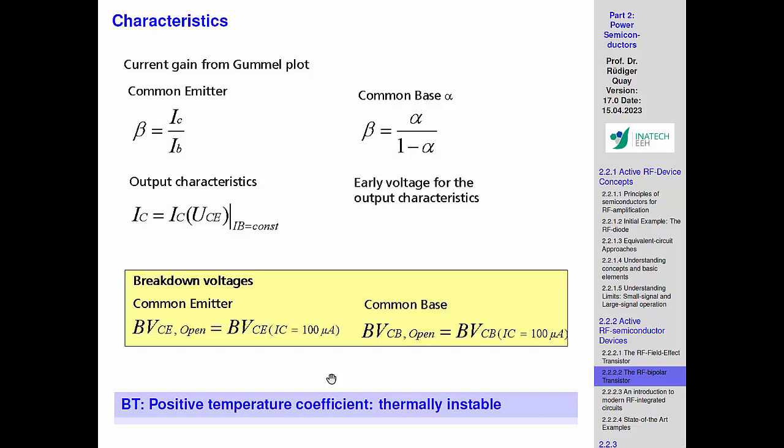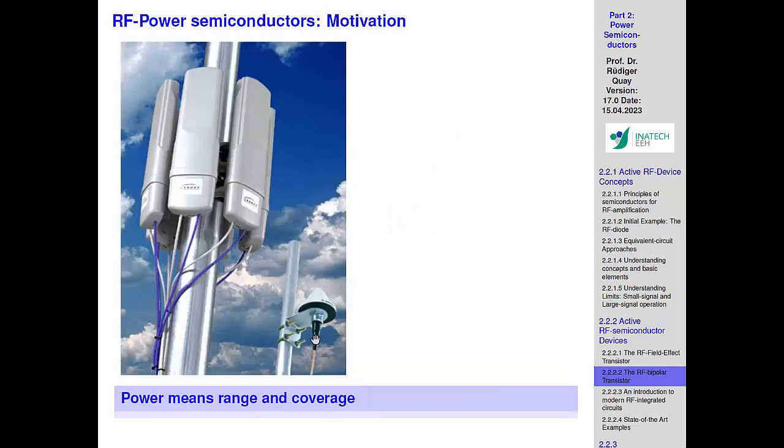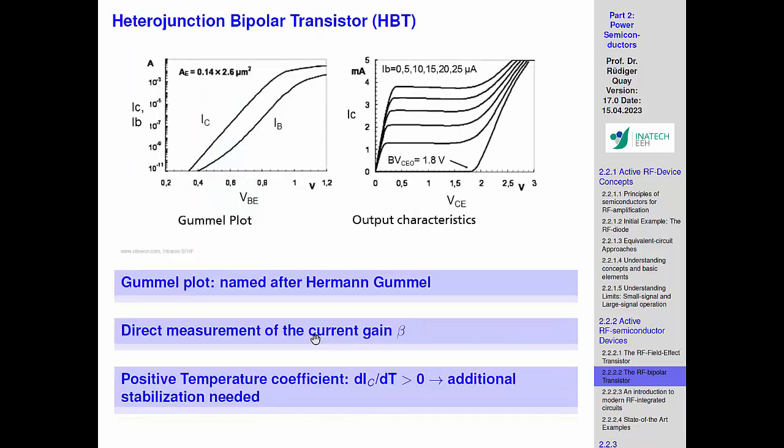In this common emitter configuration, so this is emitter as input, base as the controlling gate, and collector as the receiving contact. That's the common emitter configuration. You compare the collector current, so the controlled current, to the control current, the base current, so to say. And the question is, what do you get then? This is what you see here.